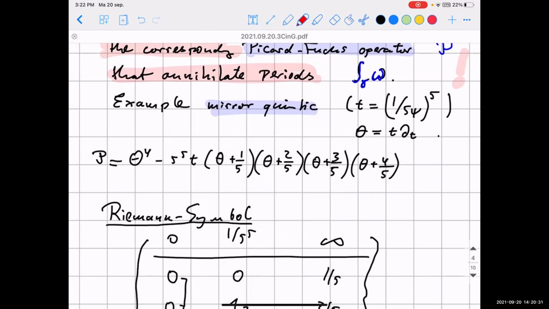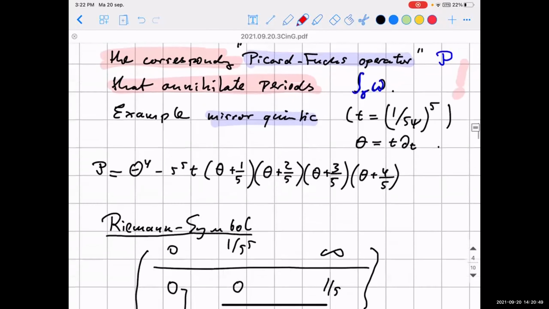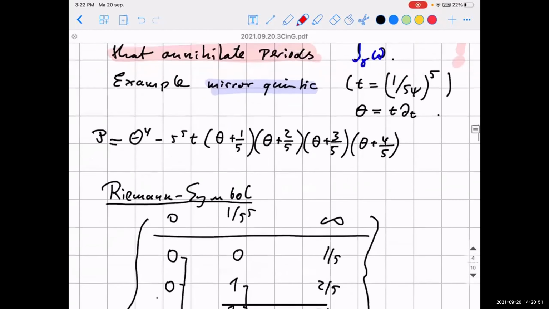And then you have this fourth order differential operator, which annihilates all the period integrals with respect to the holomorphic 3-form on that family. So there is a specific choice you have to make, of course, for this differential form.